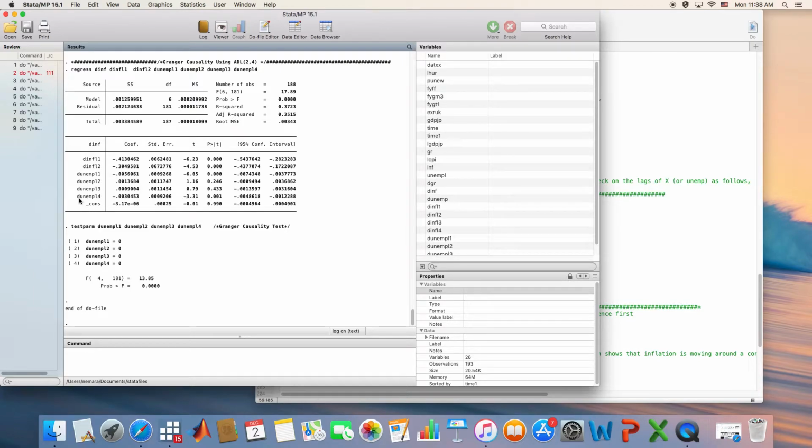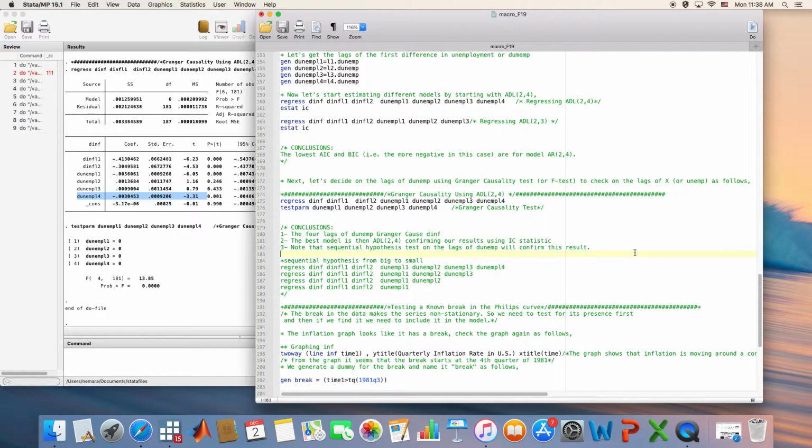Just check the last leg. It's statistically significant, so you would stop and say, okay, even based on the sequential hypothesis test, even without doing a Granger causality F test, we can say that it is statistically significant on the fourth leg of unemployment, right?